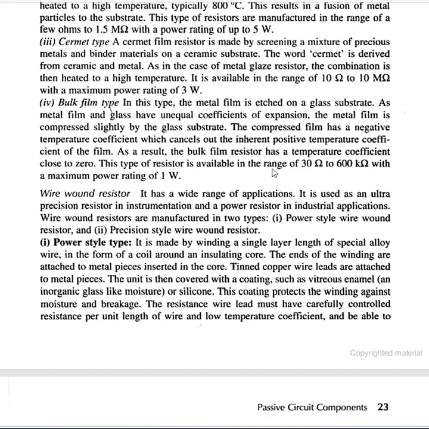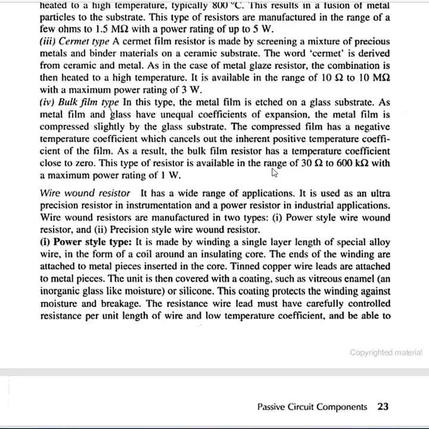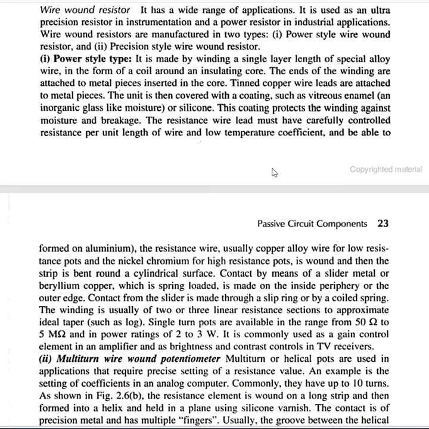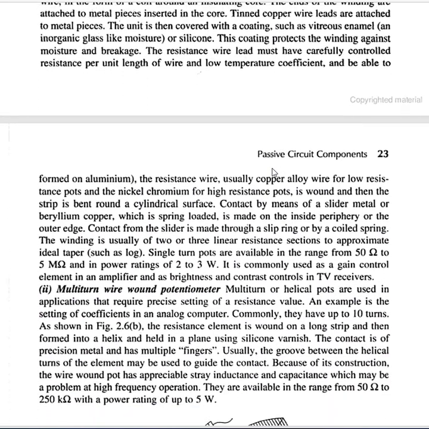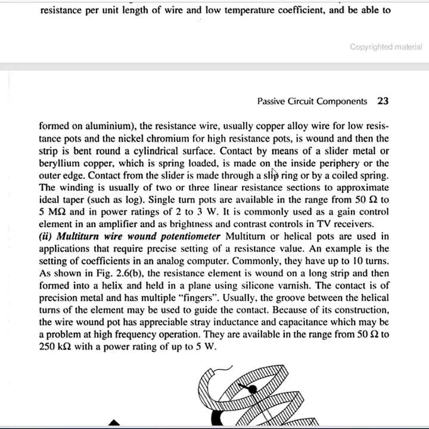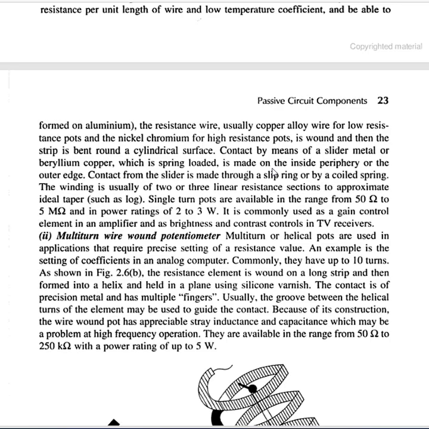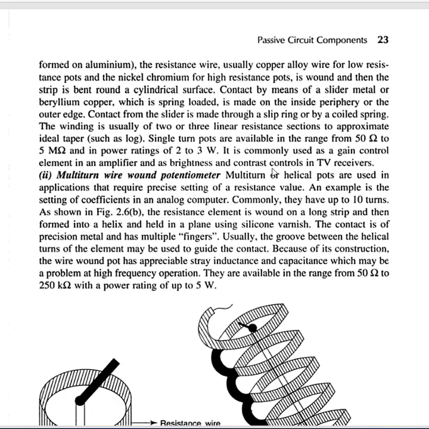This resistance wire must have carefully controlled resistance per unit length of wire and a low temperature coefficient. The resistance wire, usually copper alloy wire for low resistance parts and nickel chromium for high resistance parts, is wound, and then the strip is bent around the cylindrical surface.